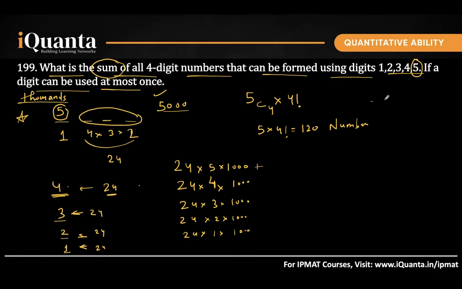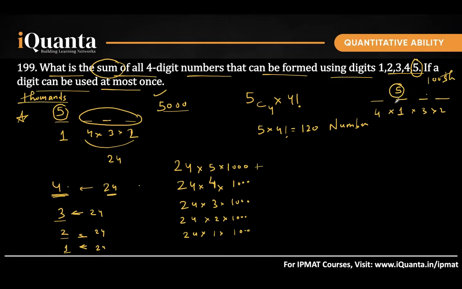Okay. So if you talk about a 4-digit number and suppose you fix a number 5 over here, so this is one possibility. You still have 4 numbers. So 4 into 3 into 2. That means if you fix 5 as the hundreds digit, let me write it, 100 digit, then what is going to happen?